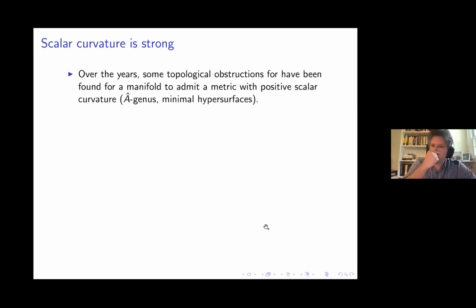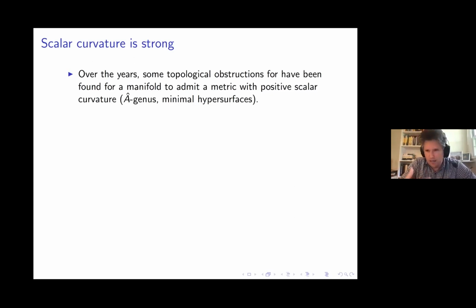For example, over the years, people discovered invariants, topological obstructions for a manifold to admit a metric of positive scalar curvature. For instance, there are some that come from the theory of the A-hat genus, the theory of Dirac operators on manifolds that admit a spin structure. There are also some restrictions found using minimal hypersurfaces.